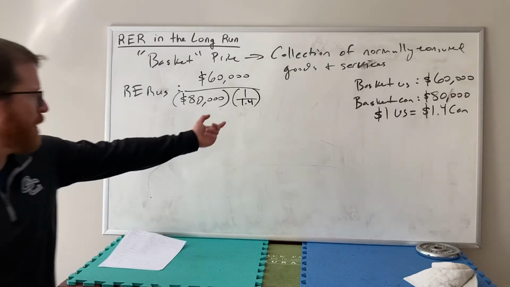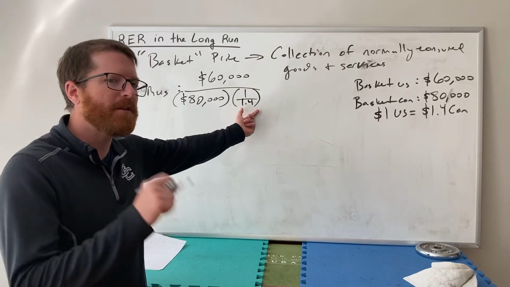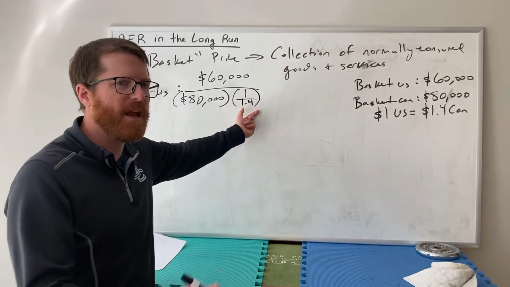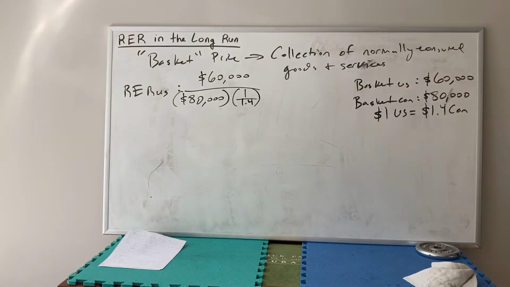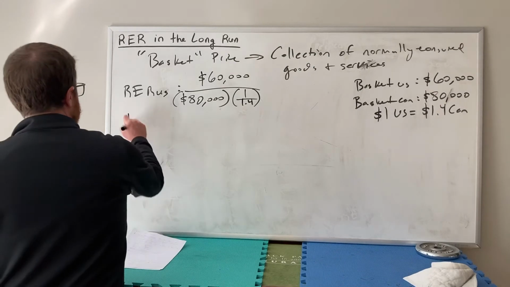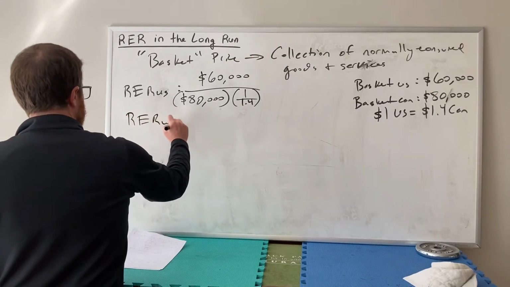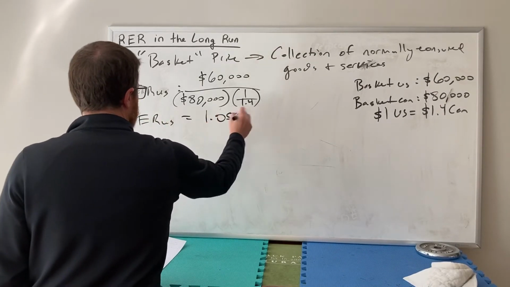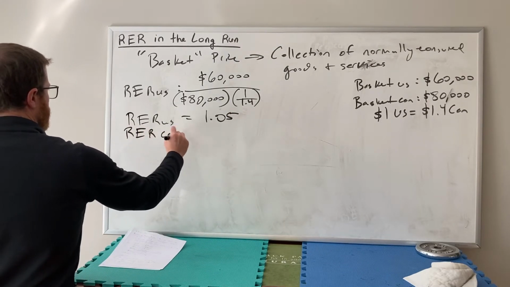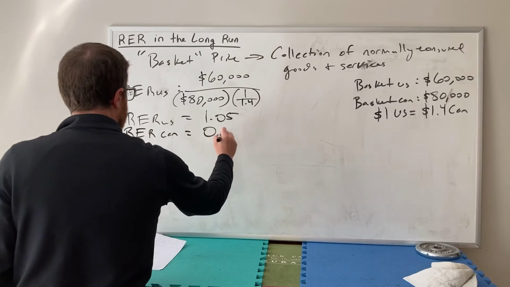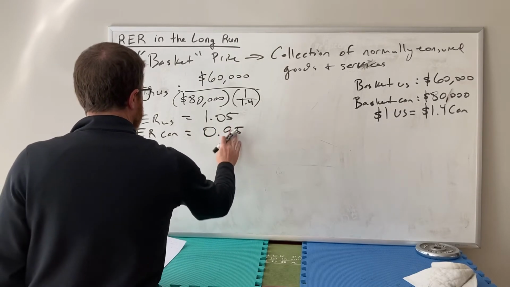So that amount right there, whatever that comes out to, that's how many dollars you need to get a Canadian dollar. That's the interpretation there. So if we solve for that, what we would get is the real exchange rate in the U.S. is 1.05. If we wanted to solve for Canada, you can do this on your own. You would find that this comes out to about 0.95.